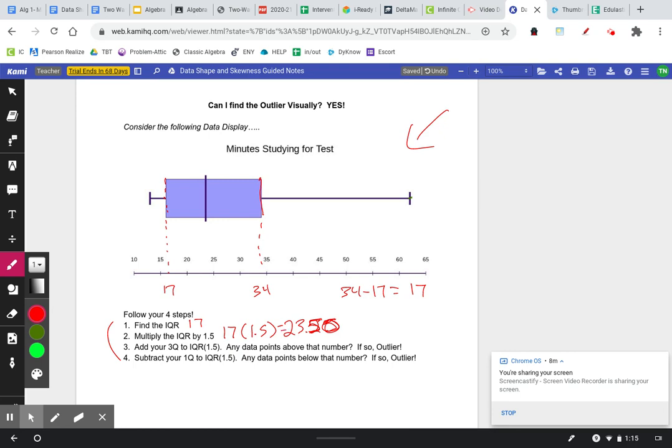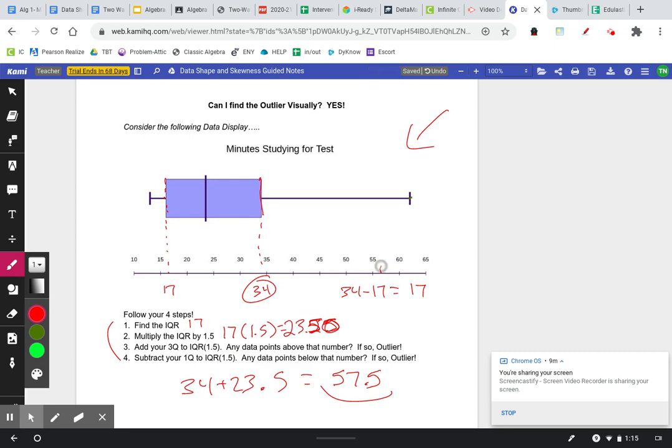And now we have to use that with these 2 numbers. So for step number 3, take our quartile 3, which we said was 34, and add it to 23.5. Well, 34 plus 23.5 is going to be 57.5, and then we check, is there anything above 57.5?